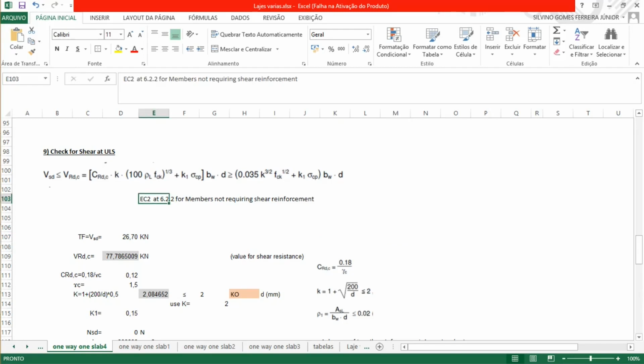You can see this in Eurocode at 6.2.2 for members not requiring shear reinforcement.